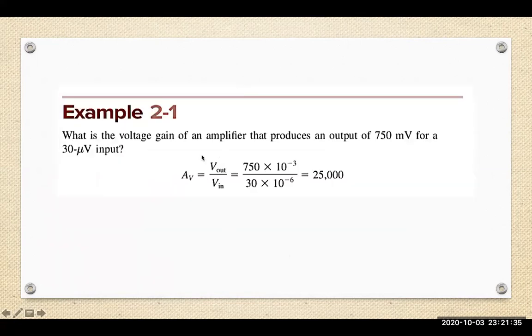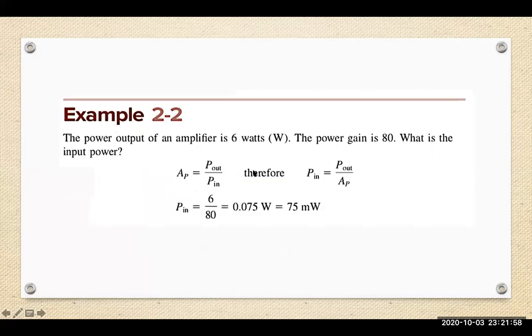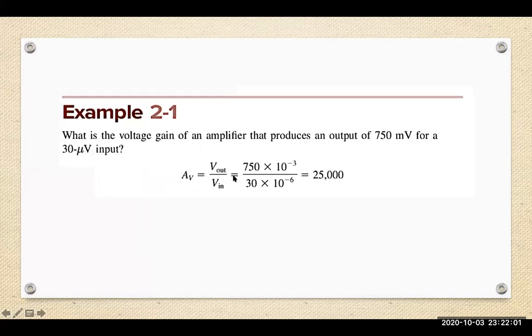Now let's solve this one. What is the voltage gain of an amplifier that produces an output of 750 millivolts for a 30 microvolts input? The voltage gain of an amplifier can be determined by taking the ratio of the output voltage over the input signal. The output signal here is 750 millivolts, or 750 times 10 raised to minus 3 volts.